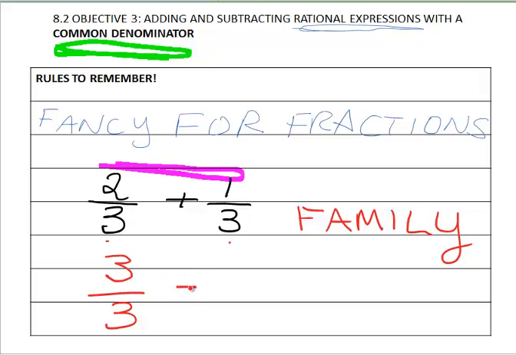And just for the sake of argument, I'd like you to realize that 3 over 3 is the same as 1. If I had another one here where I had 7 over 8 minus 2 over 8, again, denominators are staying the same. We're dealing only with the numerators. So here 7 minus 2 is 5.